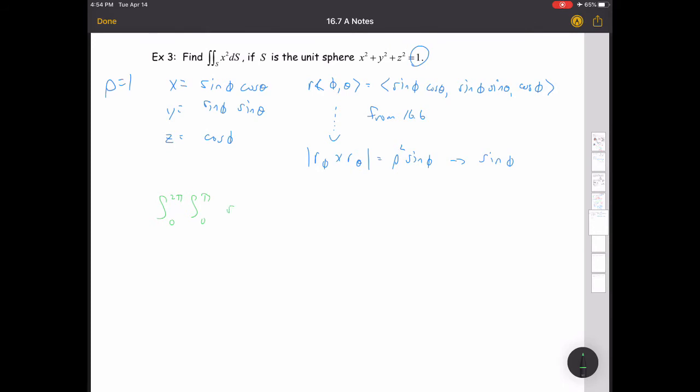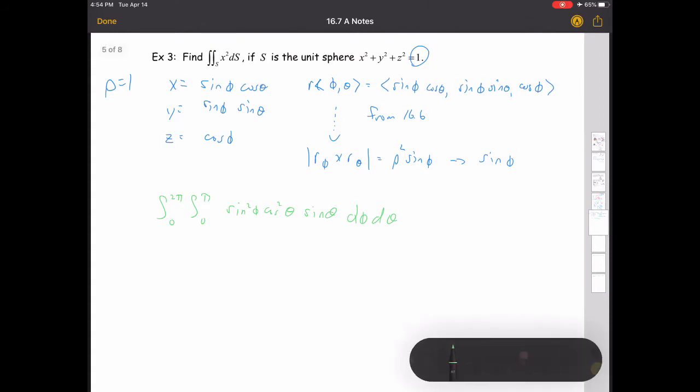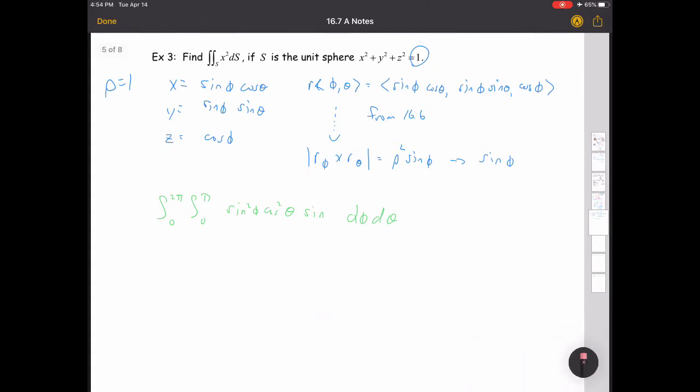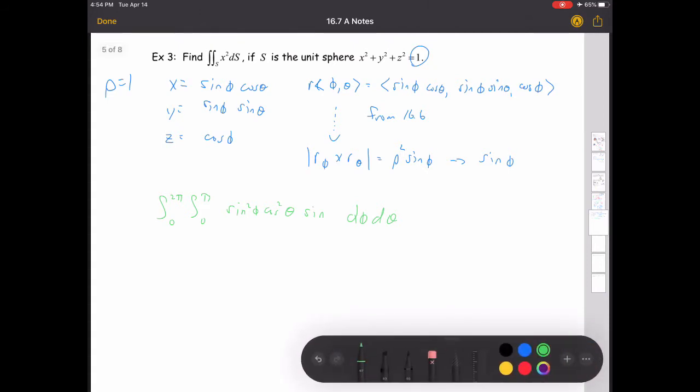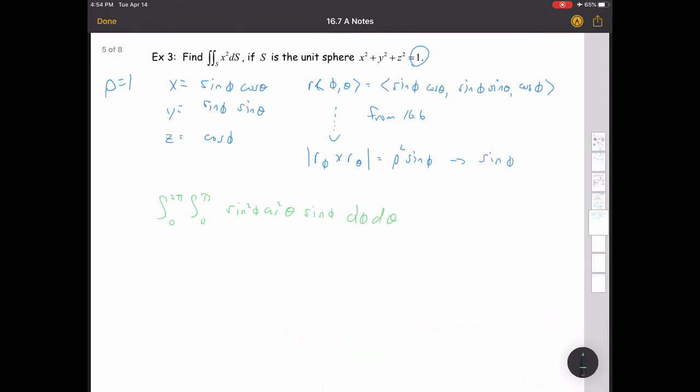So we get sine squared phi cosine squared theta. And then times our cross product, which is sine phi, d phi d theta. And I apologize, I wrote sine theta; that should be a sine phi. That was our cross product.